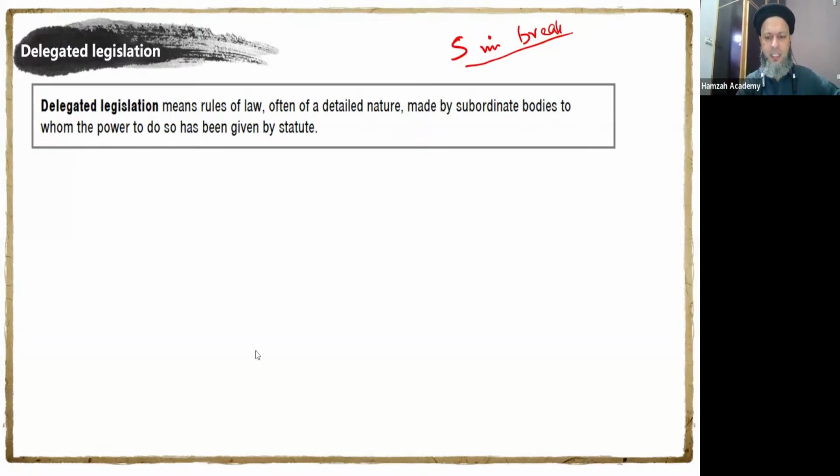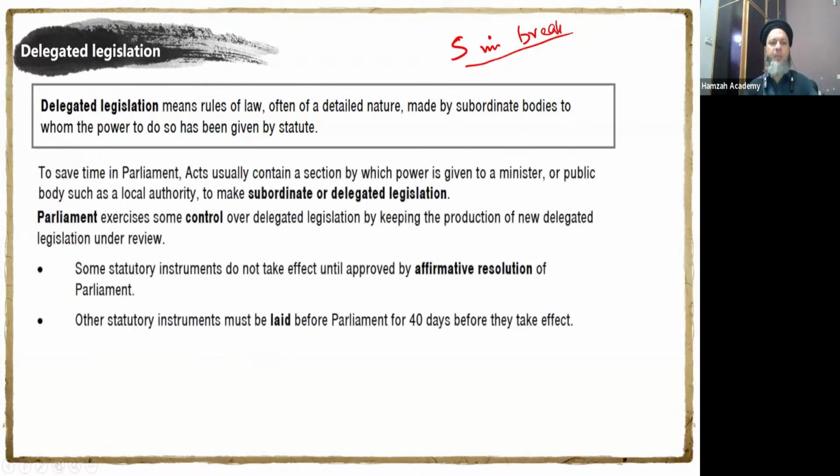That is called the delegated legislation. The main idea that you need to remember is that it is to save parliament's time. If we want the local area laws to be made by the parliament, a lot of parliament time will be taken, and because of the varying nature of all the requirements, parliament will not be able to make the laws related to the whole country.